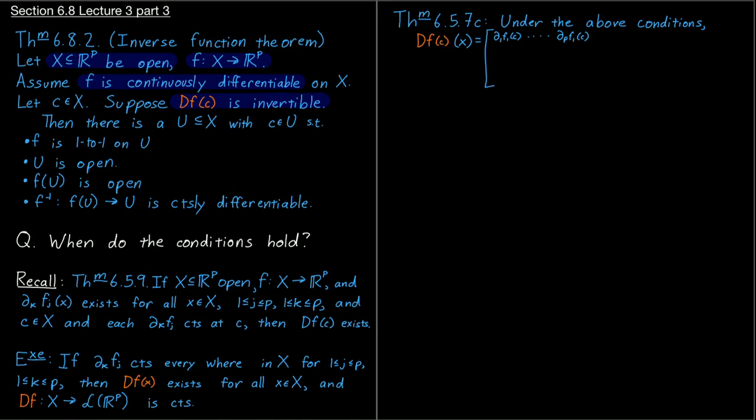Then next row, partial 1 f2 of c, through partial p f2 of c, all the way down to partial 1 fp of c, across to partial p fp of c.